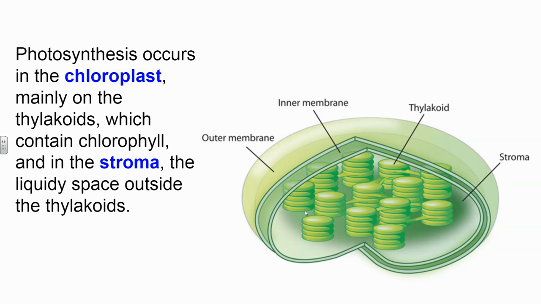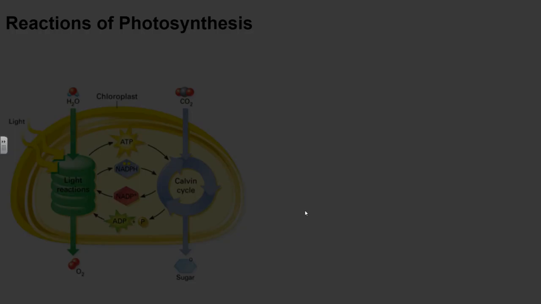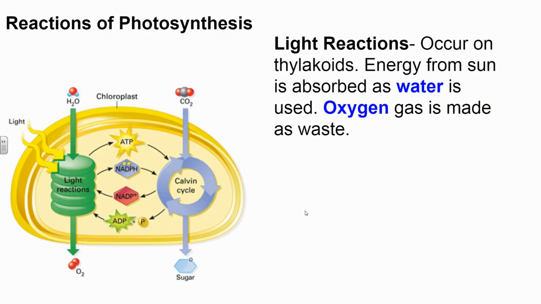Let's take a closer look at the reactions that happen during this process. The first thing that has to happen is the light reactions. These occur on the thylakoids, because energy from the sun is going to get absorbed by the chlorophyll found in those thylakoid membranes.